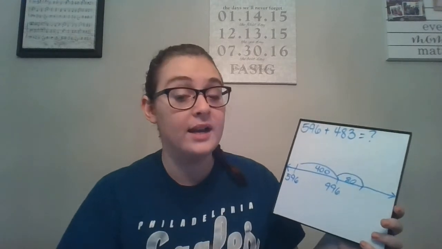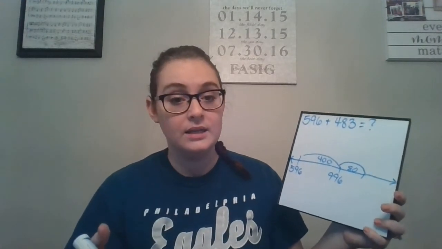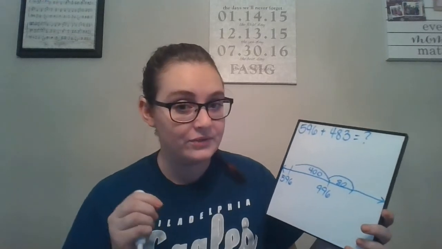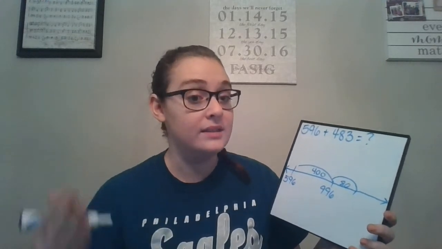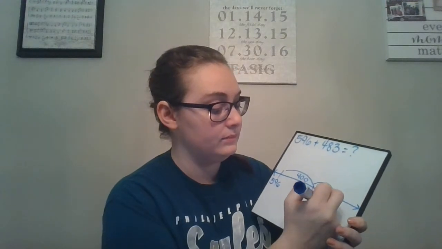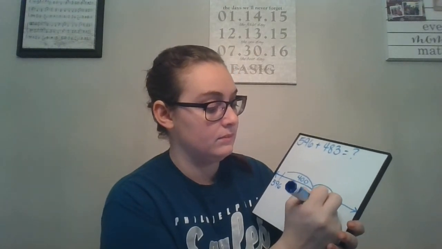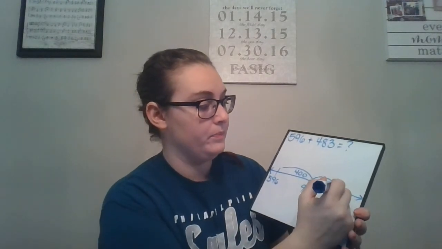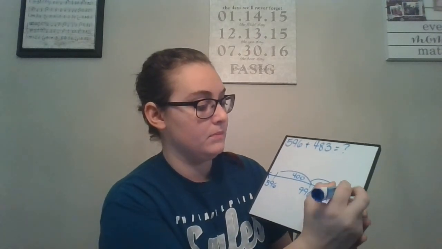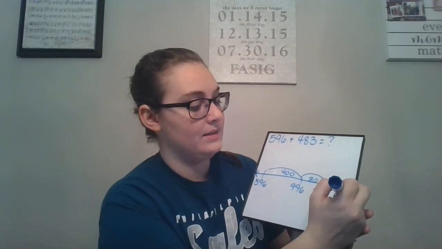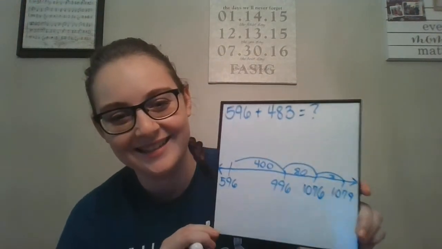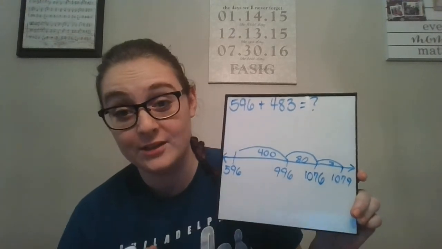So I know that 996 plus 10 is going to be 1006. Then I still have 70 left, so it's going to be 1076. And then I need to add my 3, which is 1079. Sorry, it's a little squished on this board. So that should be your answer.